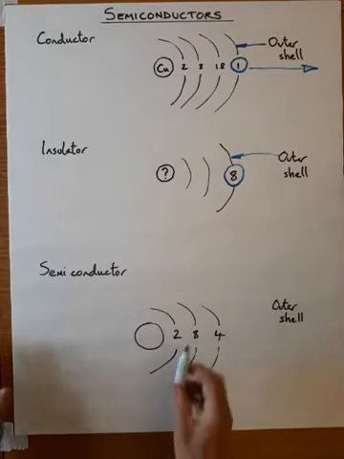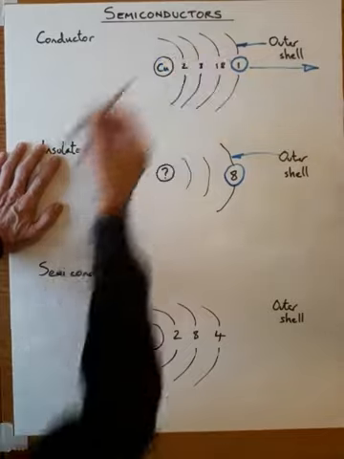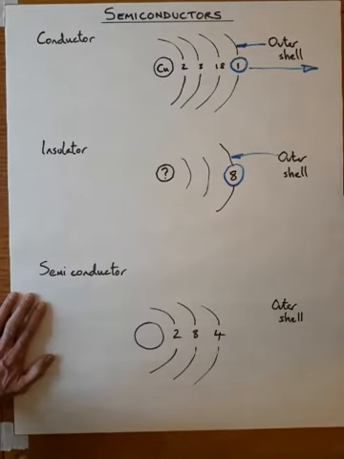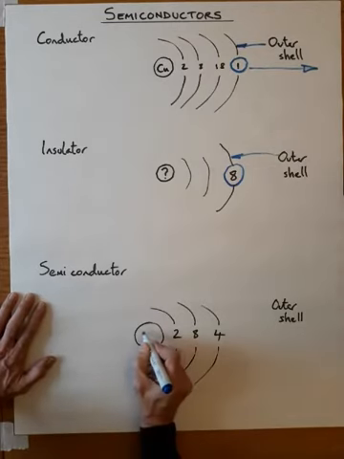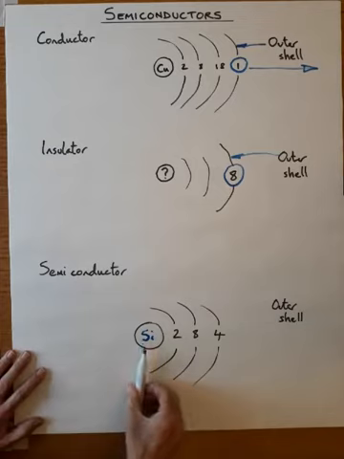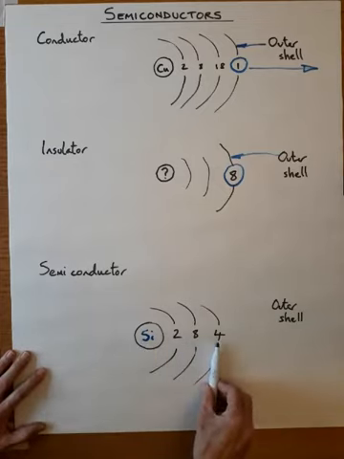So let's move on to something that is between a full outer ring and just one electron in the outer ring, the outer shell. So let's talk about a semiconductor material. The most common material we use for semiconductors is silicon. So silicon is the most common one that we use, and its atomic structure is 2, 8, 4.